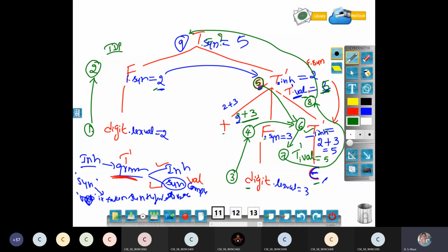Same, 2 plus 3. The first problem is easy. Or you take again 2 plus 3. If you come to bottom up parsing, it's a top down parsing. You have to get both inherited attributes and synthesized attributes. For this, you have to write a formula. What is the formula?